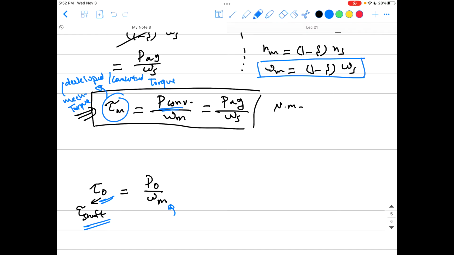That is the torque that actually goes into the load. You can calculate it from P output, okay? And you know, P output will equal P converted minus P rotational, or P constant if you have the core losses with it. Okay guys?